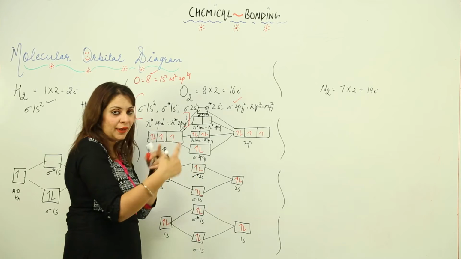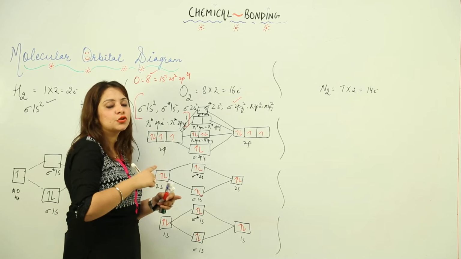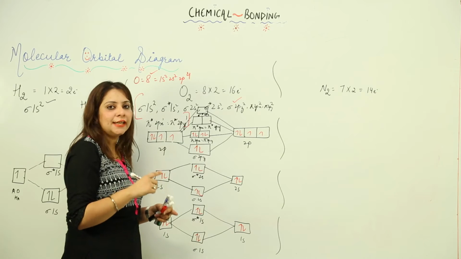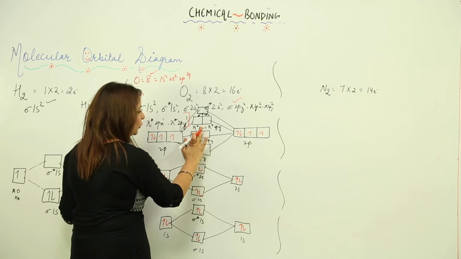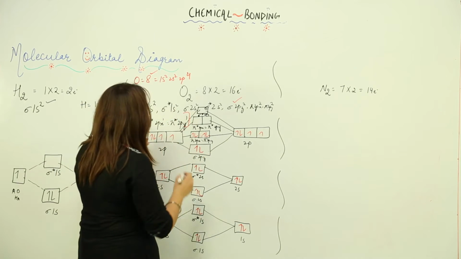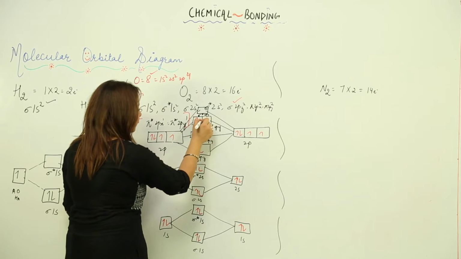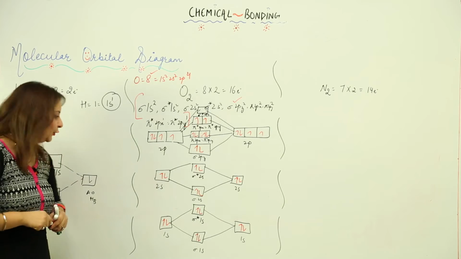I am doing it in a way that the pairing takes place only after each orbital with similar energy is singly filled. Likewise, it has 4, that's why I didn't write it like this. You should also make a habit not to do like this, just make it singly filled first, then pair up. Then pi 2px has 1 and 1 electron. So this is my molecular orbital diagram for the oxygen molecule.